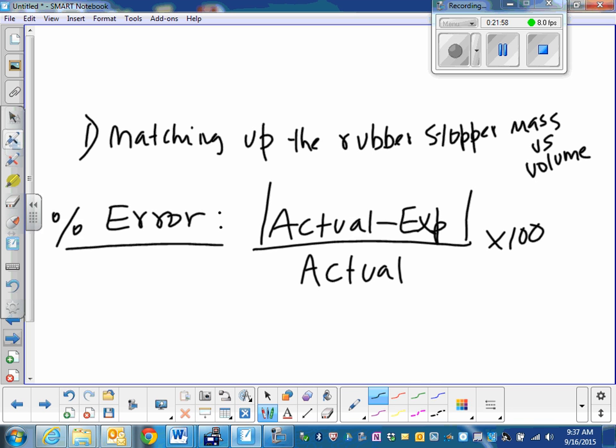So let me tell you, I'm saying the actual value for the rubber stopper should be 1.3 grams per milliliter. What was my answer in class? I said it was 1.4. Is that right? So what's my percent error?